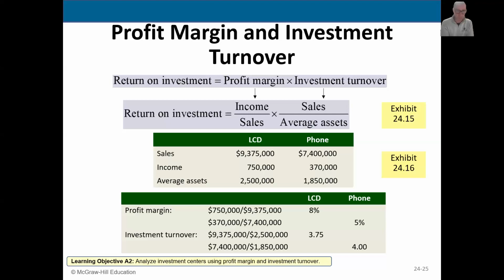Now, as you recall from your math courses, we have what we call common numerator denominator, right?